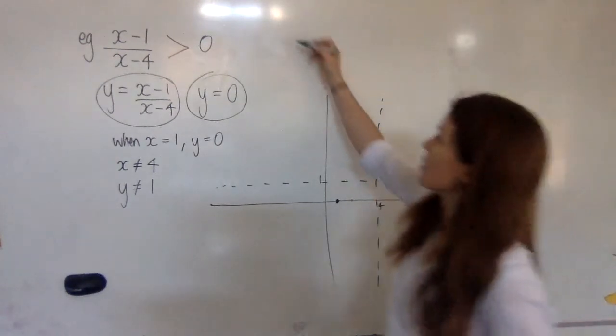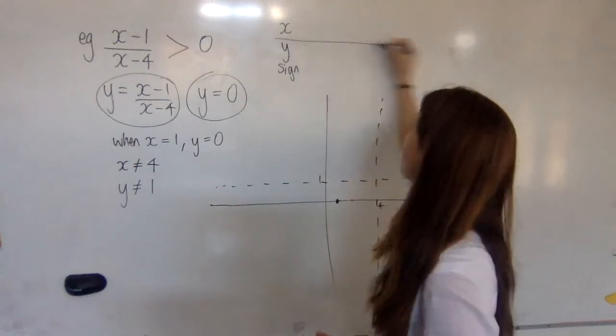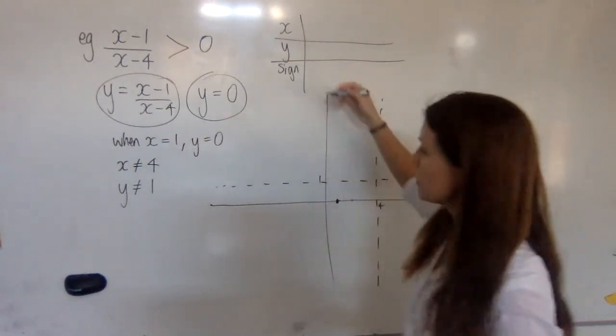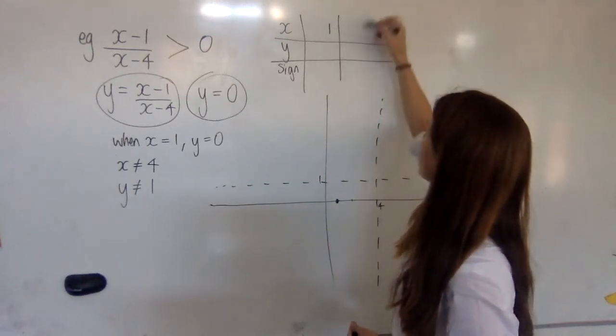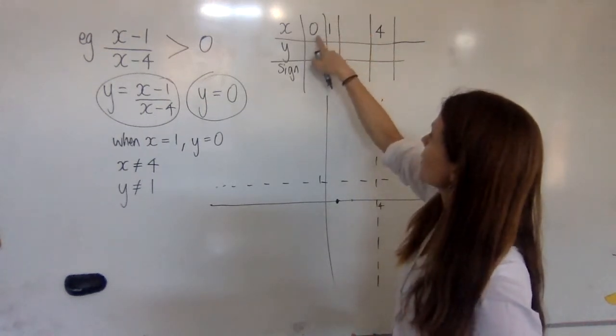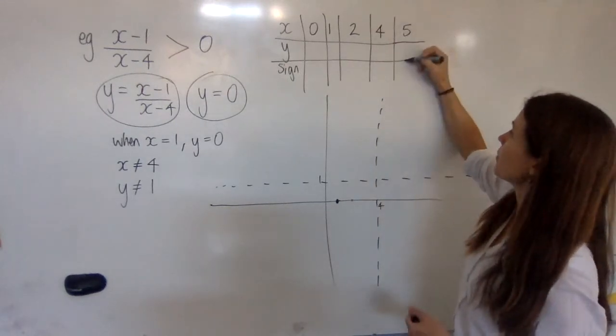Next thing to do is to make my table of values. And I'm going to make it with the 3 lines in it. Now I want to investigate the points x equals 1 and x equals 4, because something interesting happens at both of those, and I want to look at a point on each side. So it makes sense to look at 0 because that's smaller, 2 or 3 because that's in between, and something bigger.